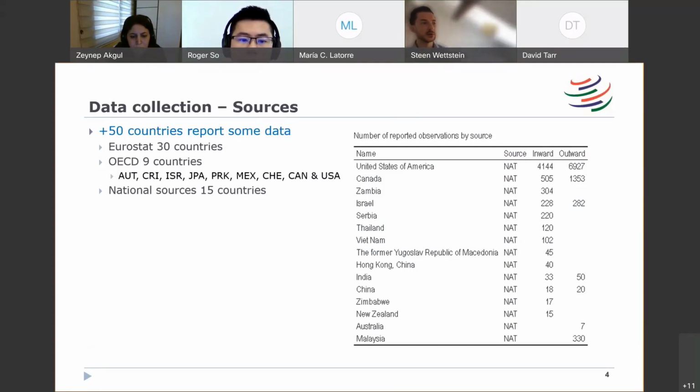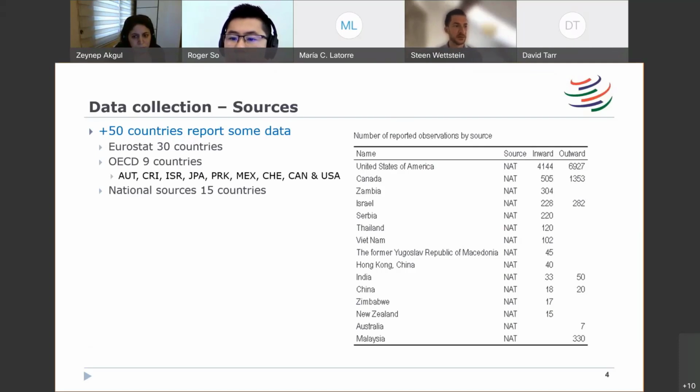I think we don't have 1-dimensional, we have only 2 and 3-dimensional data. They are mainly sourced from Eurostat for the main 28 EU countries, plus 2 countries. I think those are Bosnia and Norway, if I'm not mistaken, completed with a few OECD countries and some national sources.